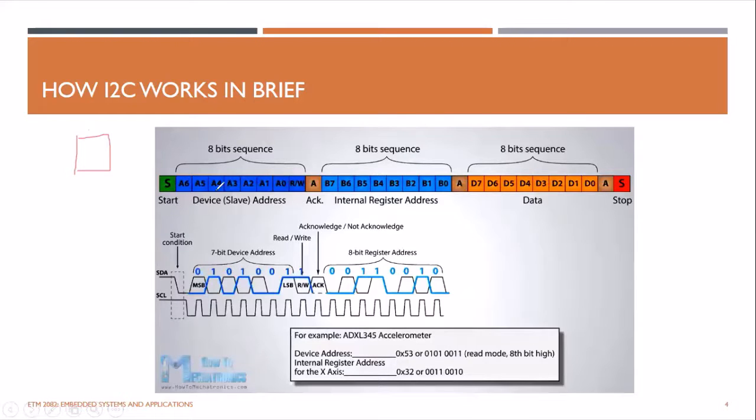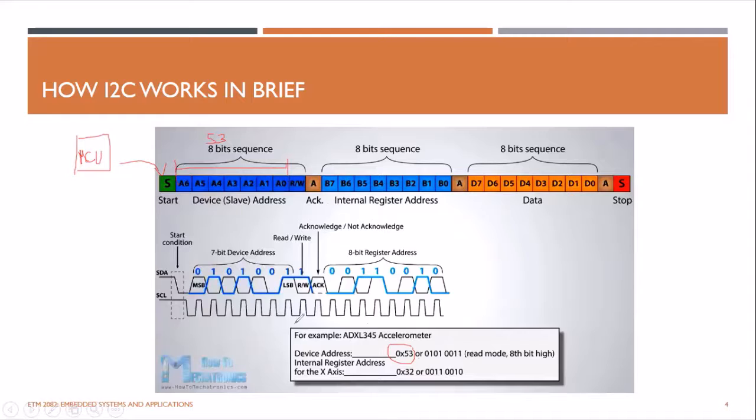If you have a microcontroller, the MCU is your master. You have to generate the start bit and then write this 53 as the next 7 bits. Up to here, that should be written 53. Which means you are talking to your accelerometer, which is connected to the I2C bus.